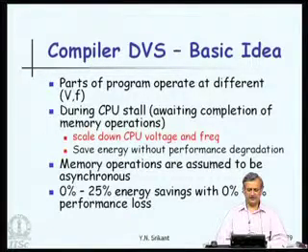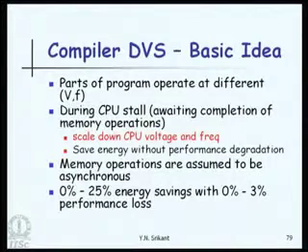So, during such a stall, it is possible to scale down the CPU voltage and frequency, save energy, but performance will not be degraded, because the CPU is really doing nothing. So, we can reduce its voltage and frequency.